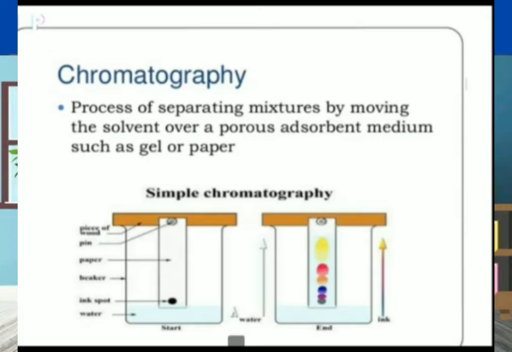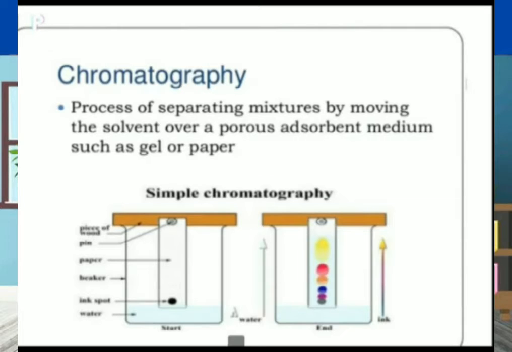Here we want to separate the black color. There will be different types of dyes in a single black ink drop, so we want to separate them.